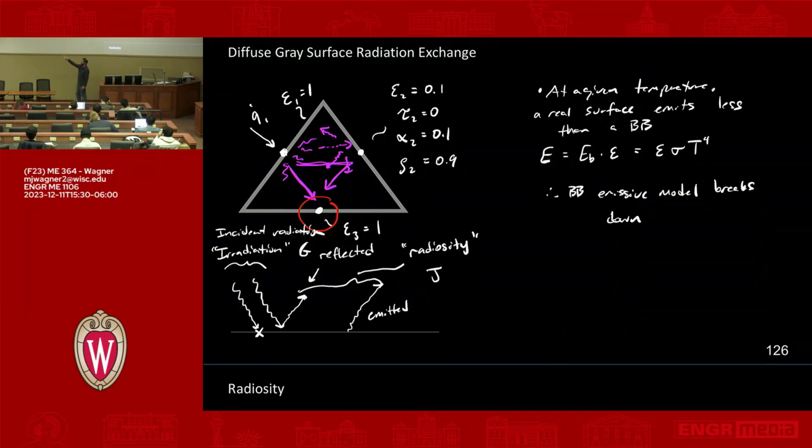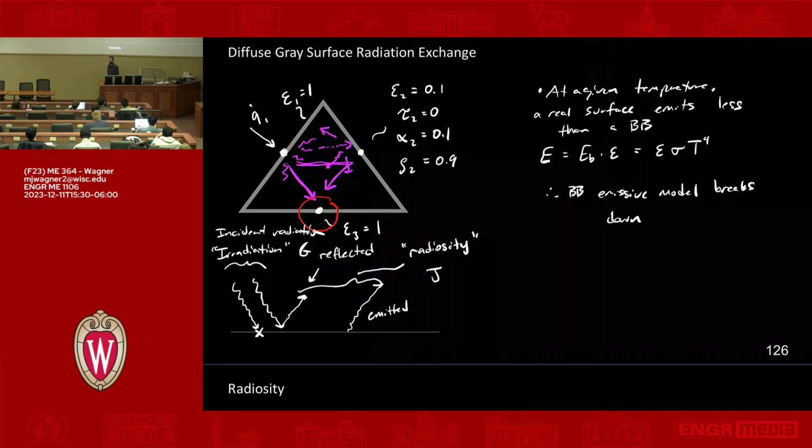But EB is ultimately dependent on temperature. If now we multiply our black body power by this emissivity epsilon, times sigma T to the fourth, that is saying that in order to get the same energy exchange, the surface temperature has to be higher to achieve the same power out of that surface given that lower emissivity. So the whole model we set up kind of breaks down, and we need to modify it in some way to account for this emissivity entering the equation.